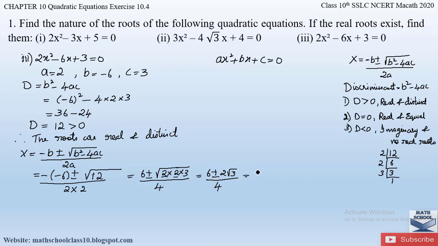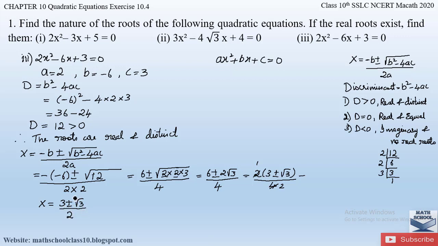So if we take 2 outside, 2 3s are 6, so 3 is left behind, plus or minus again the 2 comes out and root 3 will be left, divided by 4. So 2 1 times, 2 2 times. Therefore x value you will obtain as 3 plus or minus root 3 divided by 2.